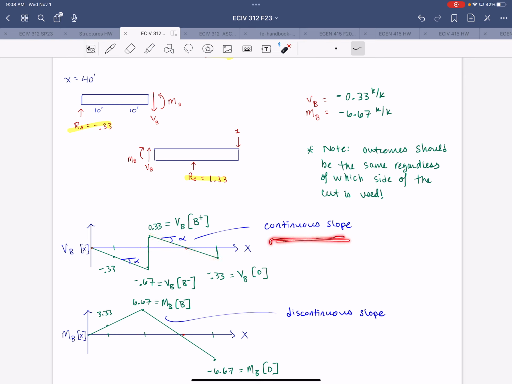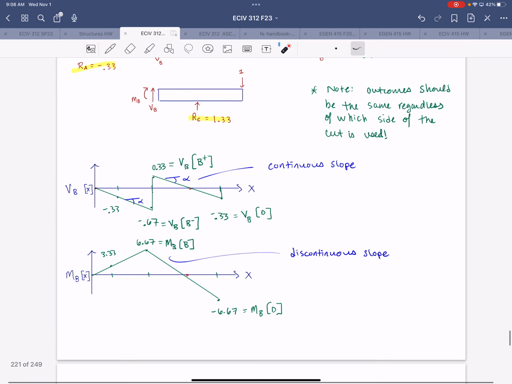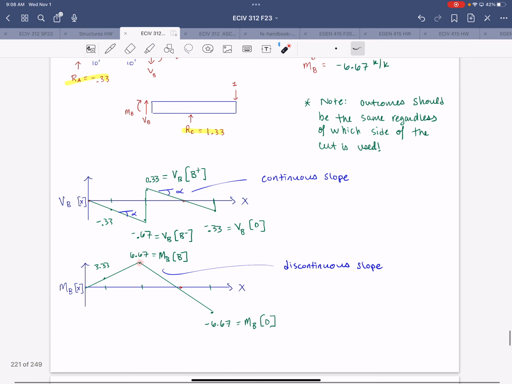That's always going to be true at the location of interest where you have a discontinuous value. The slope is going to be the same. So you can think of it as just taking the same slope and then breaking that value apart, right? With moment, a moment influence line at the location of interest, which is B, the slope will change for the influence line, but the value will stay the same.